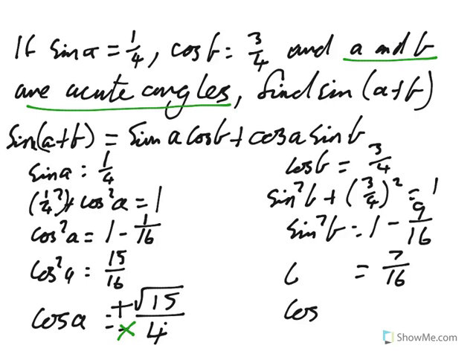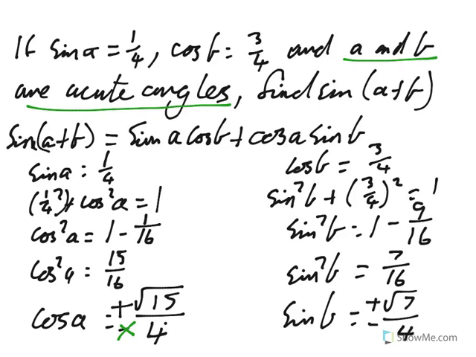So sine of B is root 7 on 4, plus or minus, again first quadrant, acute angle, so the sine of B is positive root 7 on 4. Alright, so now we're going to put that together.